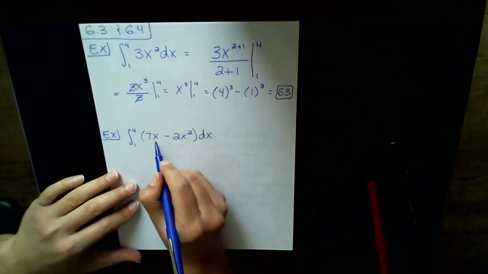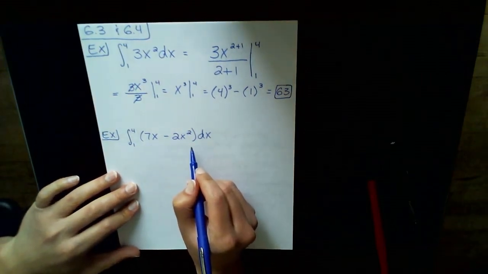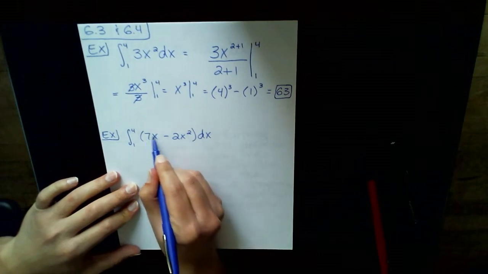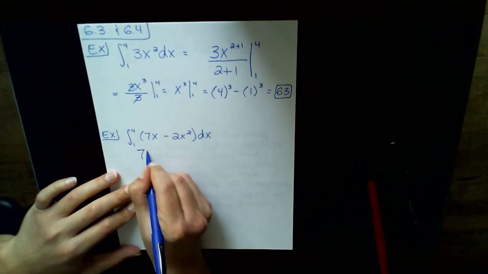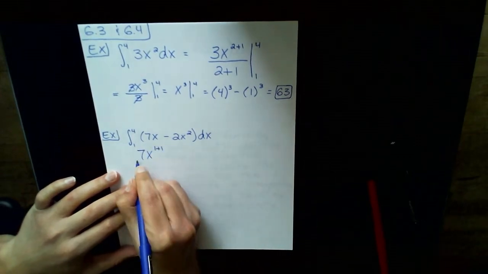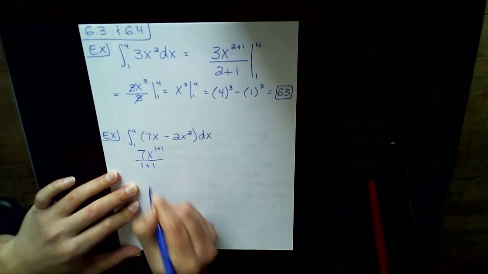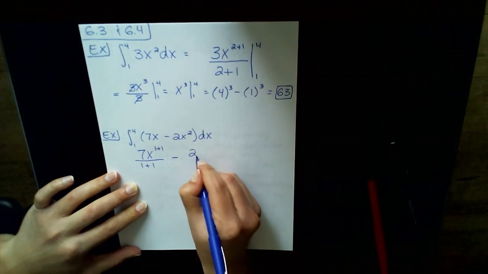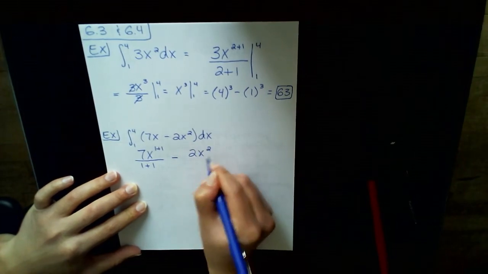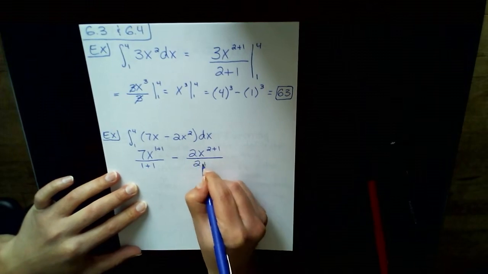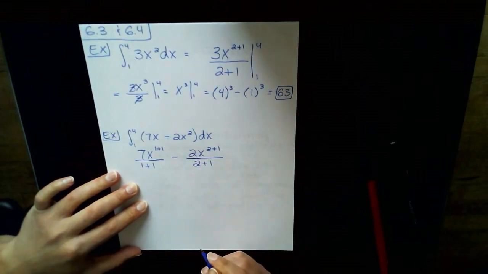Okay, so going through this together, to find the antiderivative of each term, we have the antiderivative of 7x is 7x to the 1 plus 1 over 1 plus 1, minus 2x squared. Again, we're going to add 1 to the exponent and divide by the new exponent.